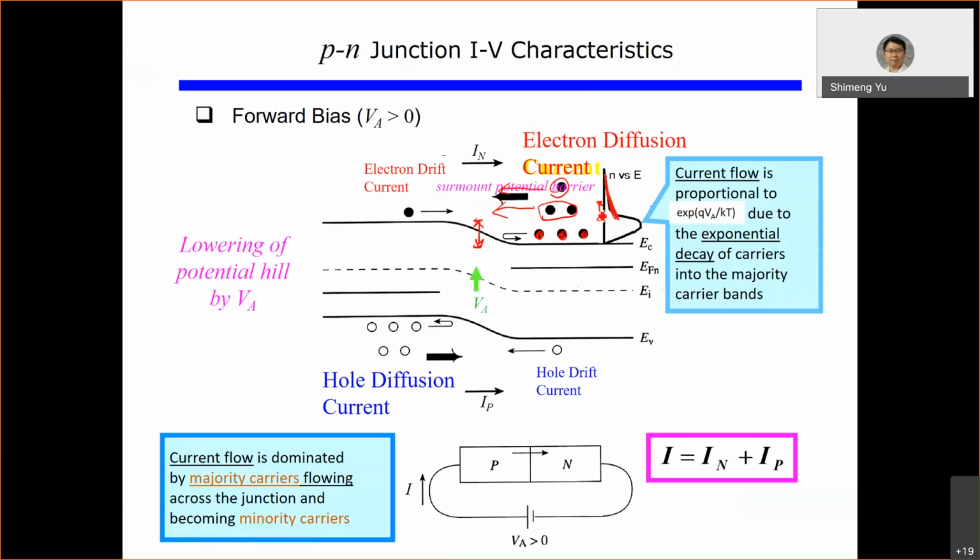So that's why the current in the forward bias essentially depends on the voltage. Similarly, you can look at the holes, and the barrier height is reduced. So you have more holes that can move over, diffusing to the right. So overall, if you consider the electron and hole flow, then this forward current depends exponentially on the voltage.